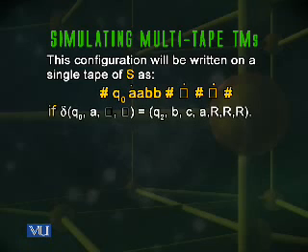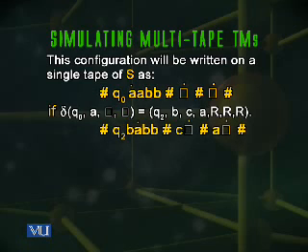Now suppose that delta of Q0 on A, blank, blank was equal to Q2, B, A, C, R, R, R, which means the Turing machine M would have gone to state Q2, it would have replaced the A with a B, it would have replaced the first blank with a C, it would have replaced the blank on the third tape with an A, and moved all heads to the right.